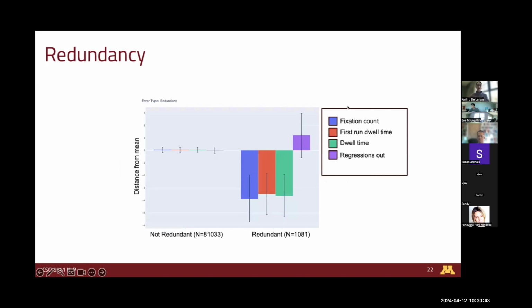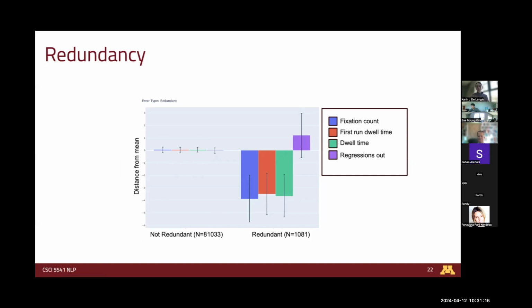All right. So if we look at our interest areas that we mark as redundant versus not redundant, what we're looking at here is the average of all these interest areas and the distance of that average from the mean. Not surprisingly, this is 0 for our not redundant interest areas, of which there are like 81,000. They are pretty much at the mean level, which makes sense.